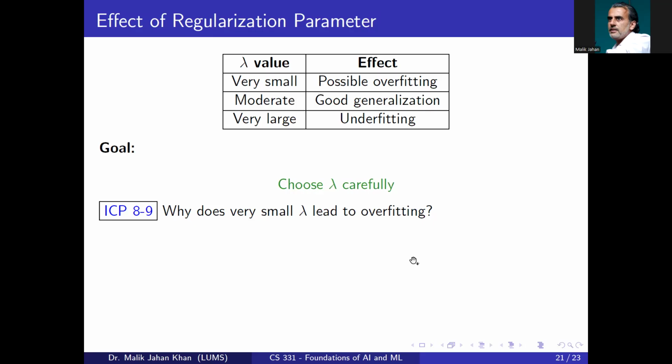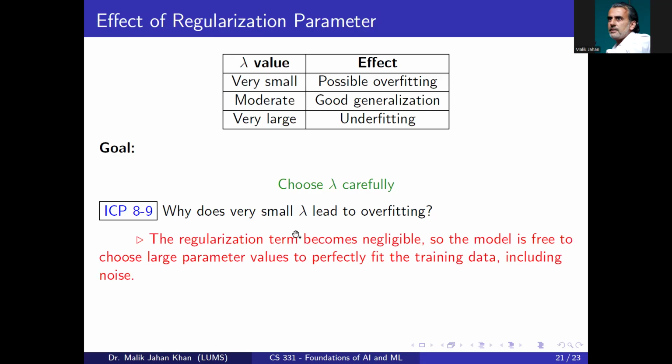Now, again, ICP time. Try to figure out the answer to this question on your own. Why does a very small lambda lead to overfitting? The regularization term becomes negligible, so the model is free to choose large parameter values to perfectly fit the training data, including noise.